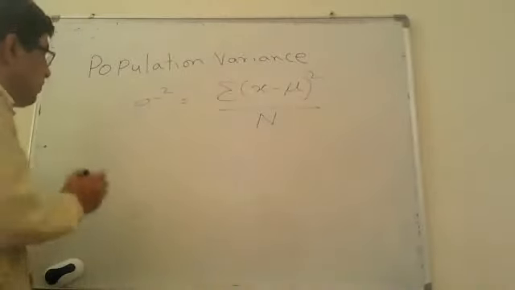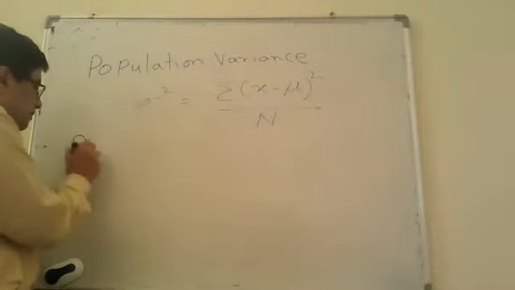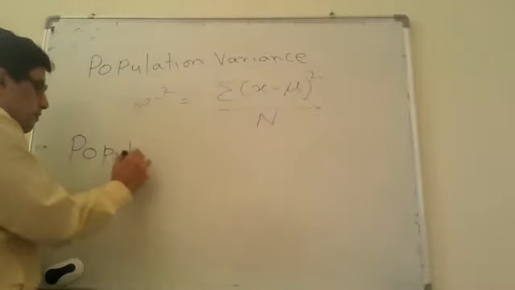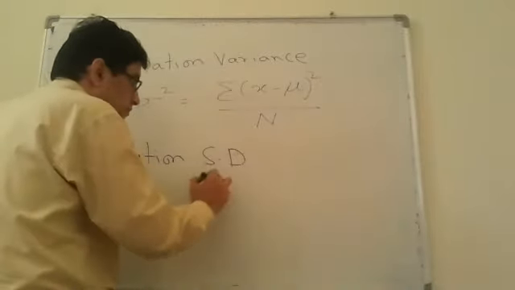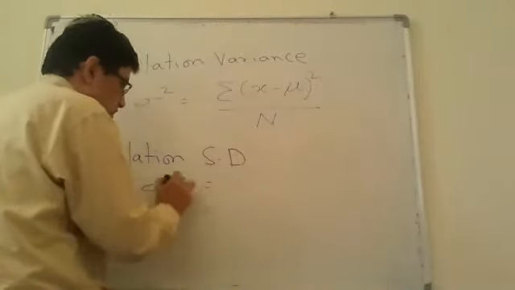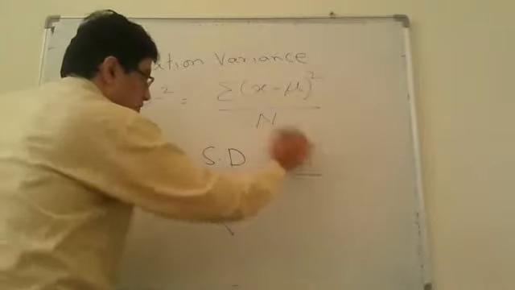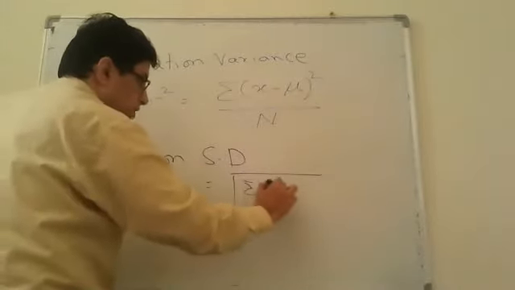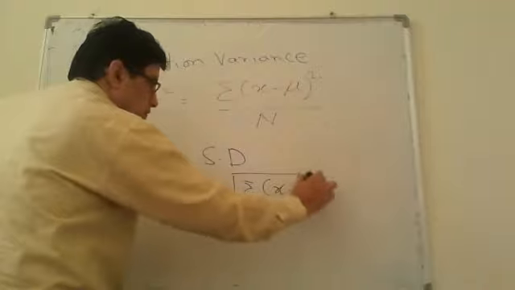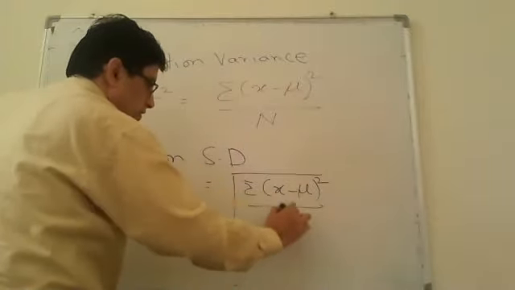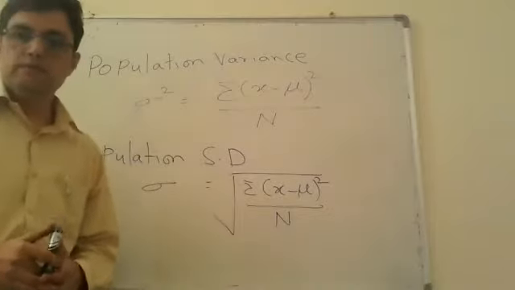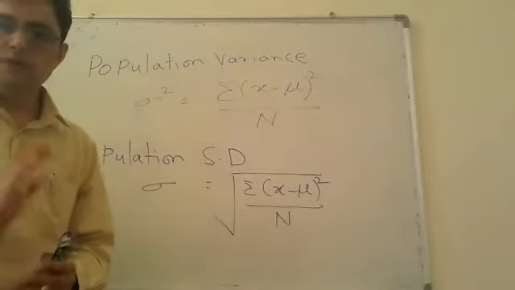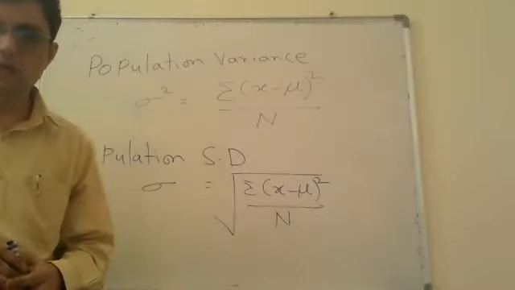So it's obviously the population standard deviation, the same way with only the square root over this. You have to use this formula.